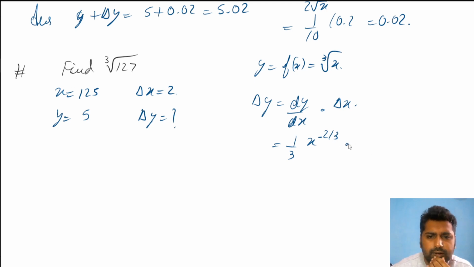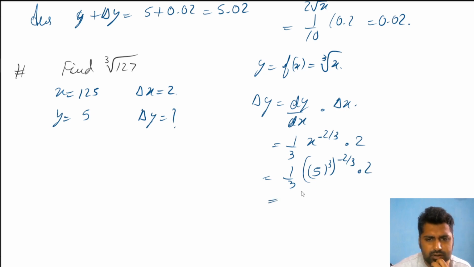So minus 2 by 3 into delta x is 2. X is 125. So 1 by 3, 125, which is nothing but 5 cube raised to power minus 2 by 3 into 2. You solve this exponent, this becomes 5 raised to power 2. So 1 by 3 into 5 raised to power minus 2.